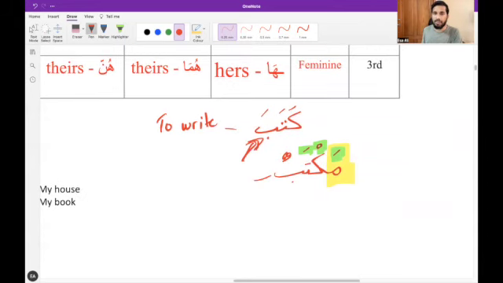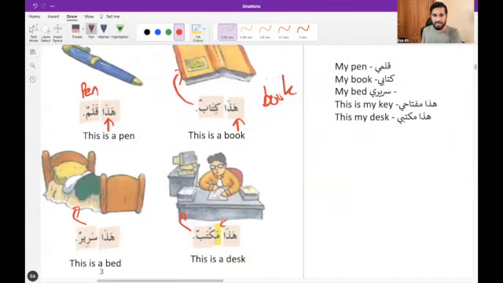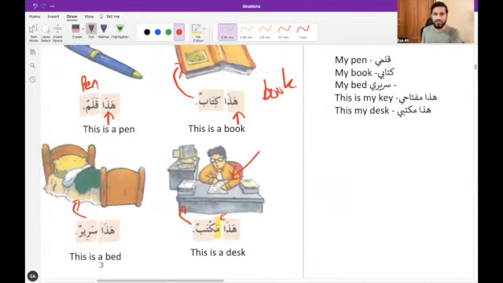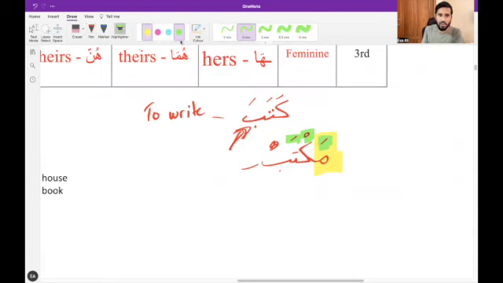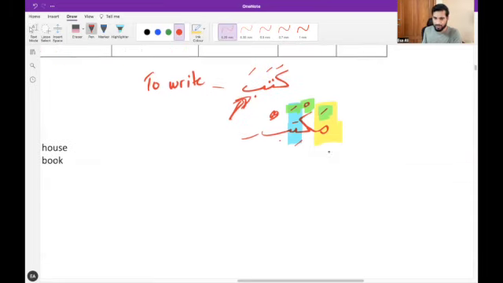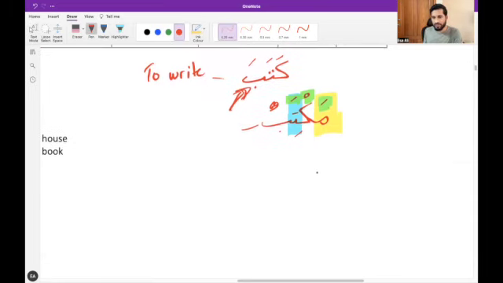And if you recall, maktabun is a desk. In other words, the place in which someone writes. There's one last thing to note here, and that is this letter, or the third letter in this order, it can be fatha or it can be kasra, and we'll discuss that in another video. So, or I should say, it may be fatha or kasra.